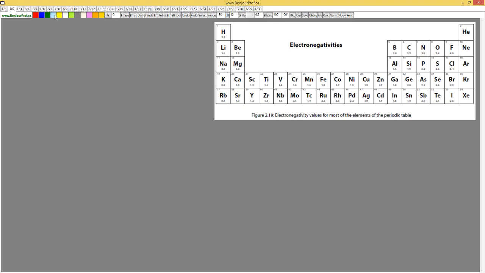You will see that the non-metals have a big electronegativity because they attract electrons. They want to have more electrons because they are closest to the noble gases. But the metals have less, because metals always tend to give up, to lose their electrons.